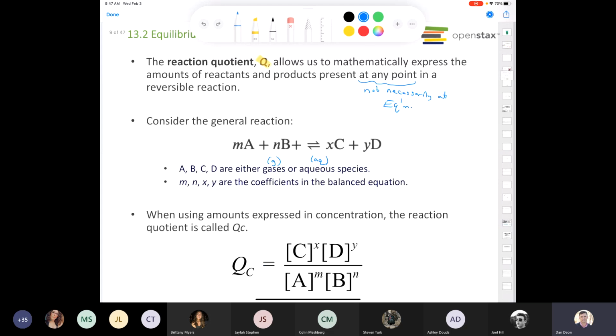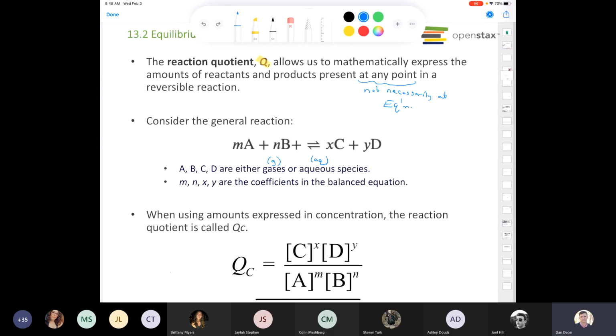The reaction quotient is equal to the product of the concentrations of the products to their stoichiometric coefficients, divided by the product of the concentrations of the reactants to their stoichiometric coefficients.